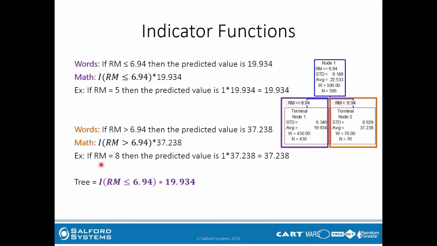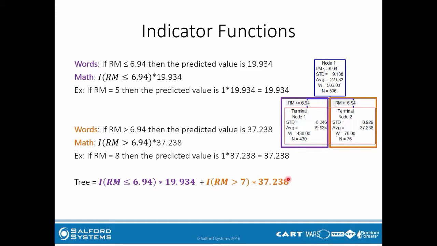And as an example, if Rm were, say, something like 8, then plug in 8 here for Rm, and then ask yourself, is 8 greater than 6.94? Well, it is, so that's true. So that means this entire function has a value of 1, multiplied by the predicted value gives you the predicted value.